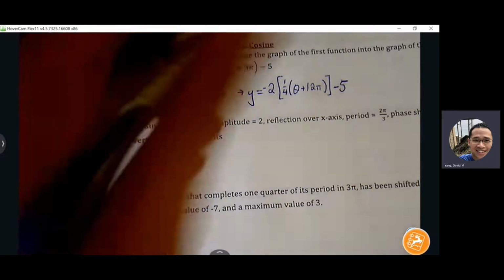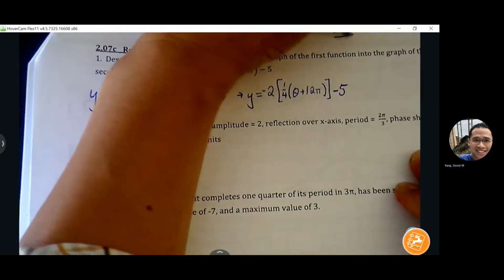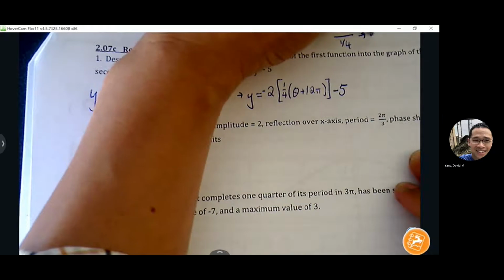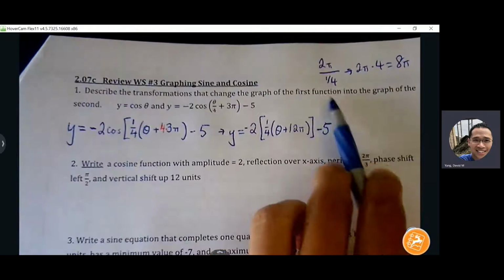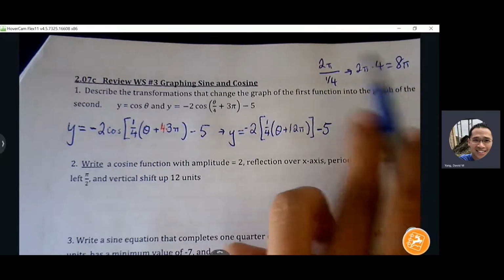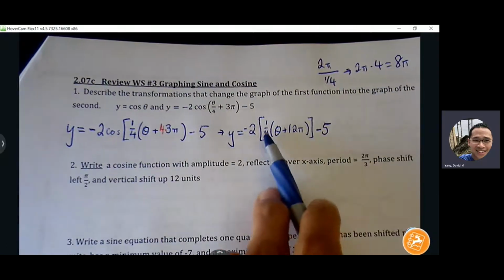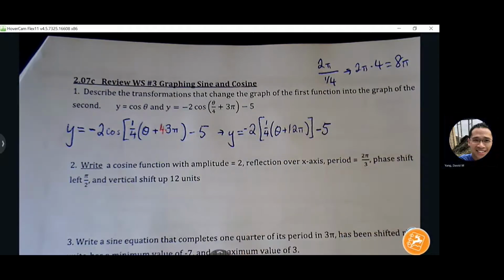That b value, if I did 2 pi divided by b, I know my original period is 2 pi, but all of a sudden it's going to stretch to 8 pi. So that's how I know that it's a horizontal stretch by a factor of 4.